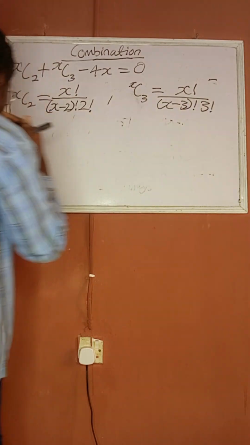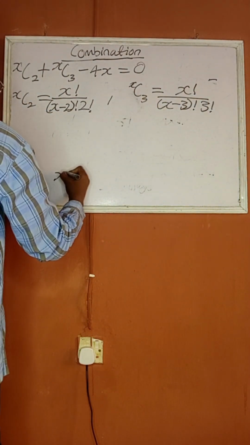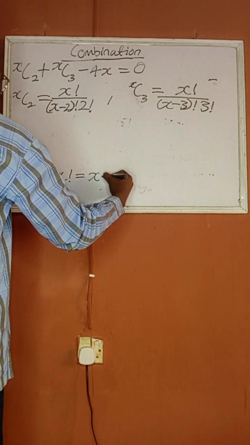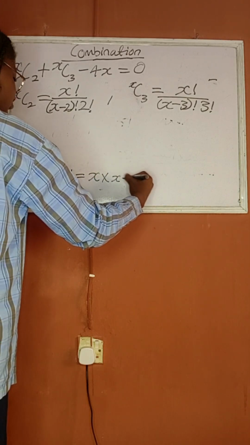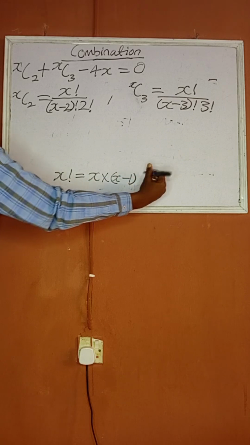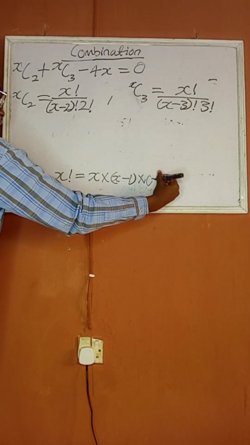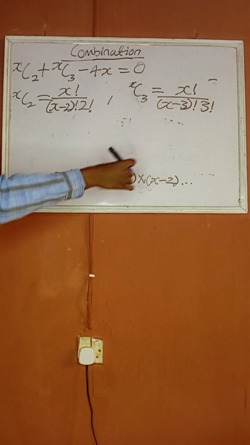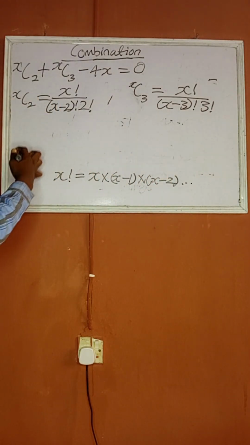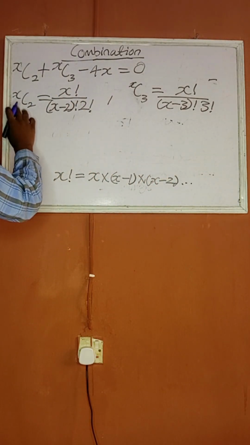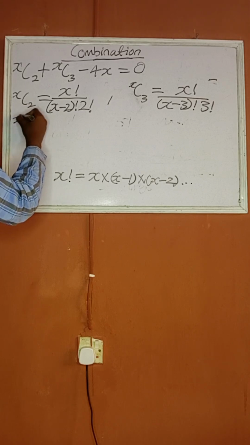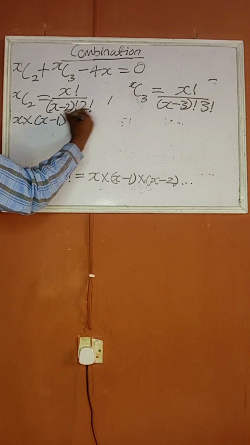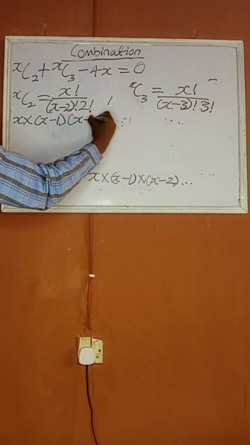So one thing you guys should note is factorial x is equal to x times x minus 1 times x minus 2, and so on. So let's dive into it. So that's going to be factorial x. For this x combination 2, it is going to be x times x minus 1 times x minus 2, and so on.